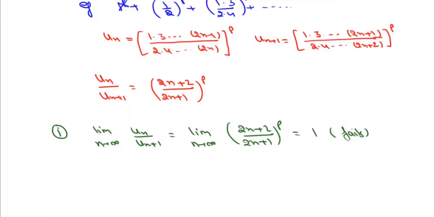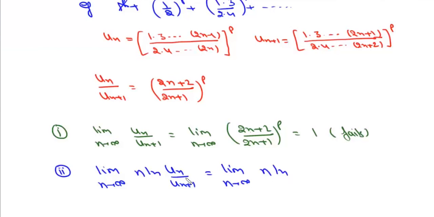Then we'll go to the logarithmic test. In the logarithmic test, we'll find this limit n tends to infinity, n log (un upon un plus 1). So it will be this limit n tends to infinity, n log ((2n plus 2) upon (2n plus 1)) whole to the power p.